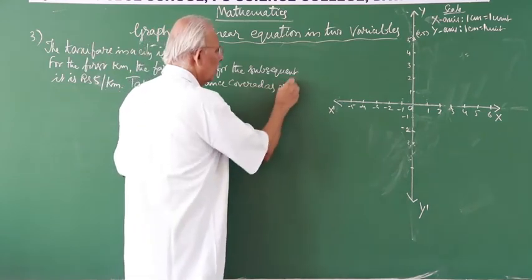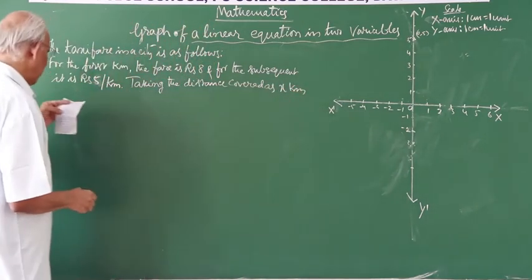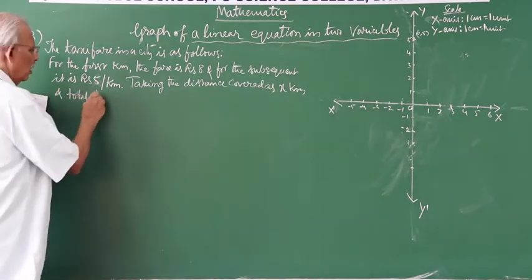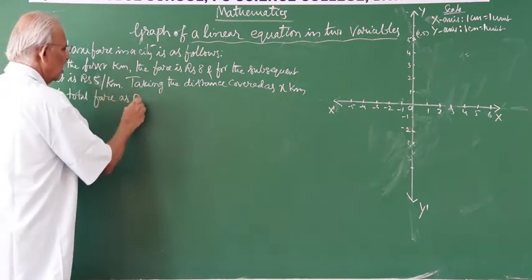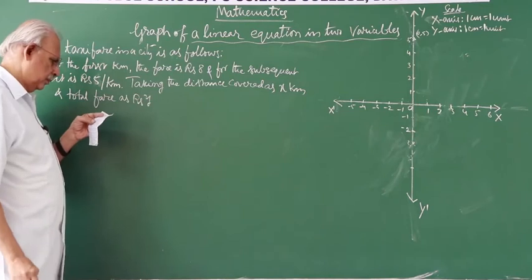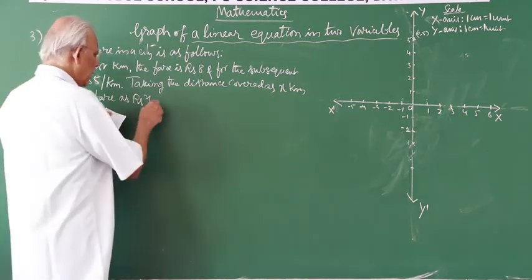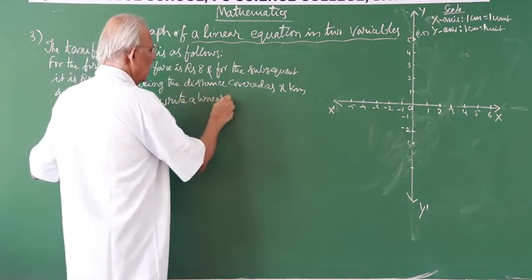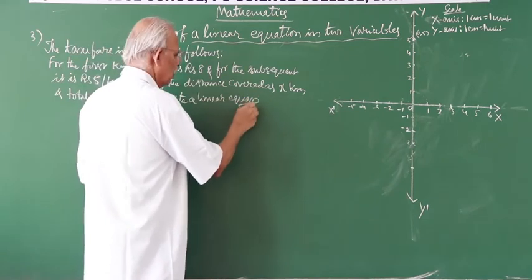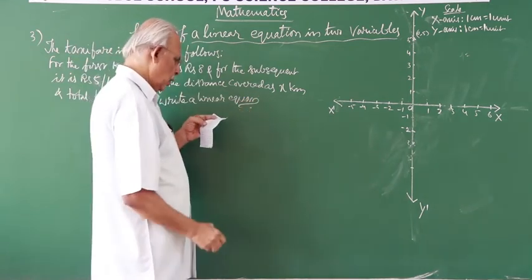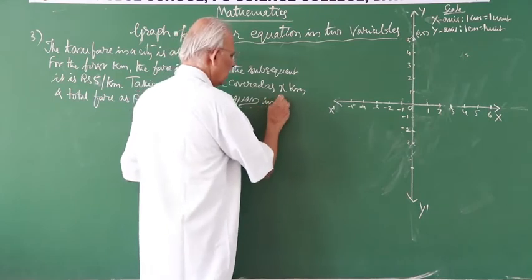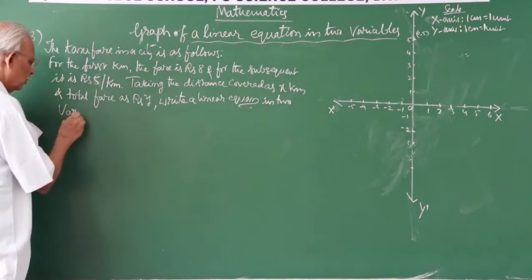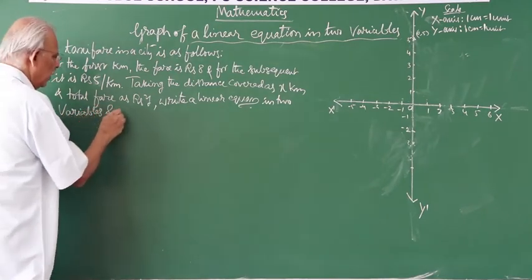Taking the distance covered as x kilometer, and the total fare as rupees y, write a linear equation in two variables. And draw its graph.